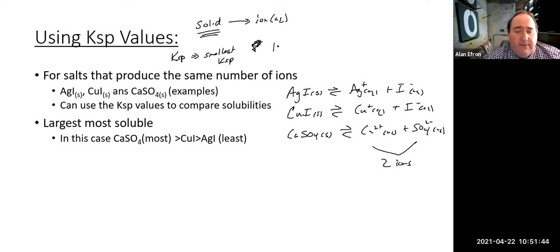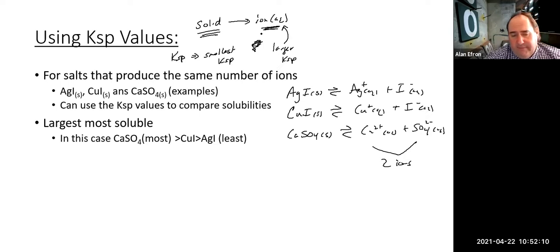The one that has the larger Ksp value means more products, which means it would be hanging out on that side and would be more soluble. So if you did a comparison of the Ksp values, you would find that the one that is most soluble is the one with the higher Ksp value. The one with the smaller Ksp value would be the least soluble because of that.